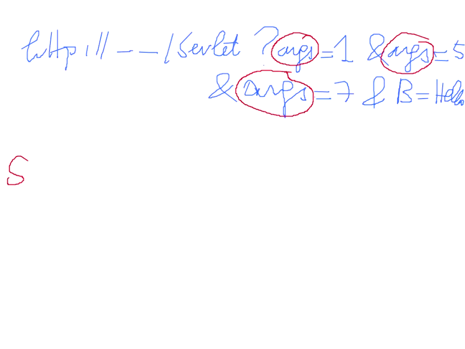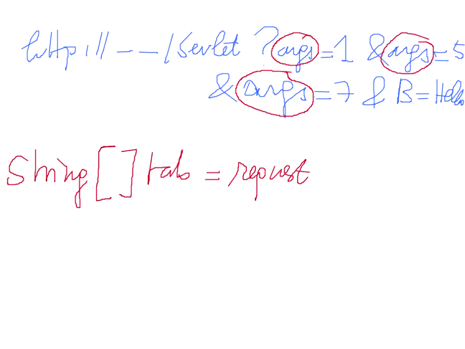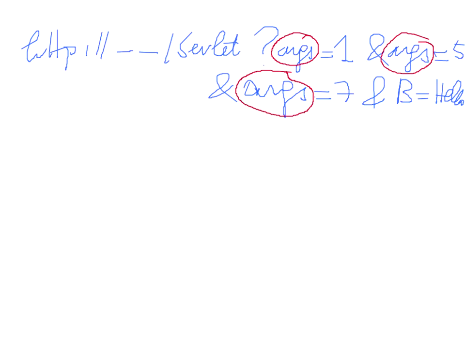In this case, we write a String as a vector or as an array, tab equal request.getParameterValues, and here we write arg. I will repeat.